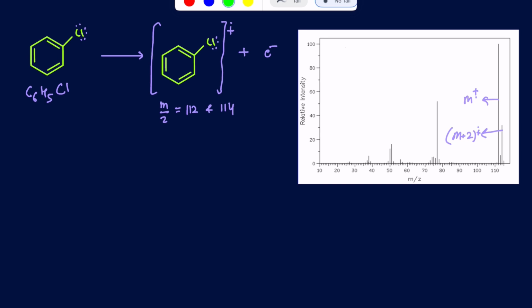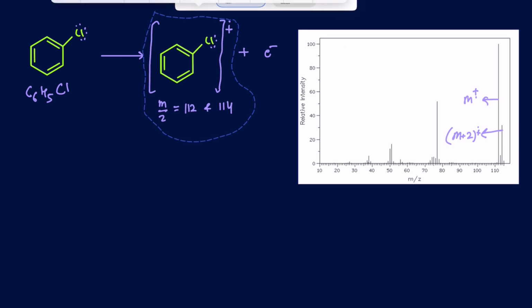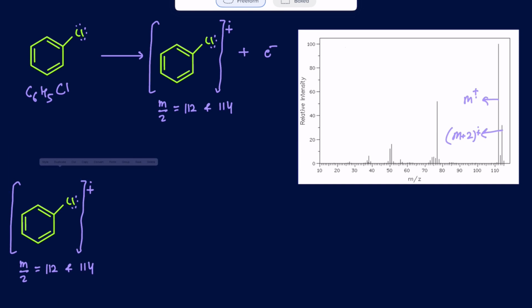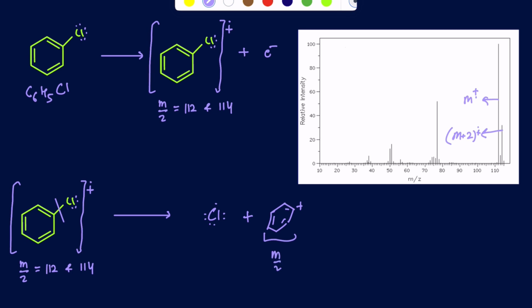Like I have said, one of the most common fragmentations in the case of halogens is the breaking of the carbon-halogen bond. If I break the bond right here, I'll end up getting a chlorine radical and a carbocation. This carbocation has an M over Z of 77.